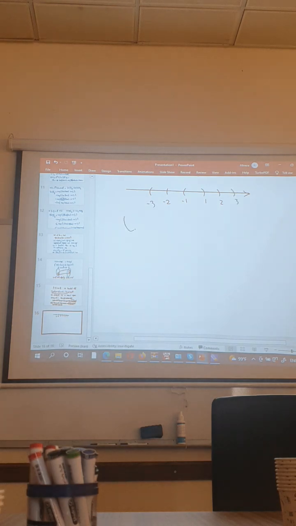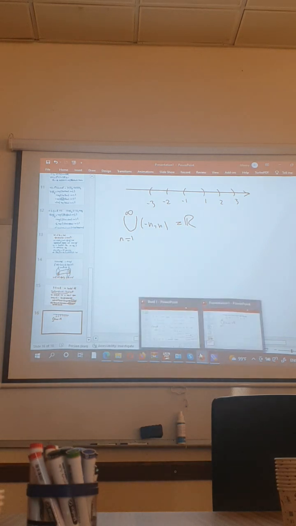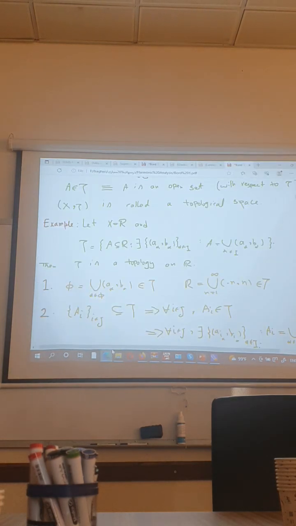What is the union of all of this, and from 1 up to infinity? It is equal to the whole of R. It is the union of all of this, so this is an element of this topology.